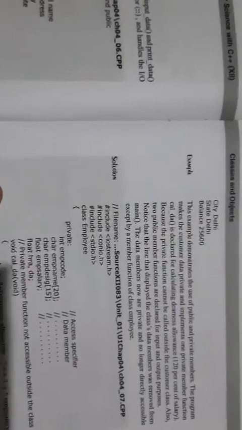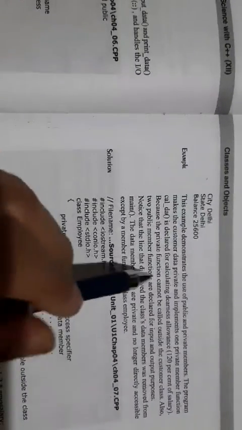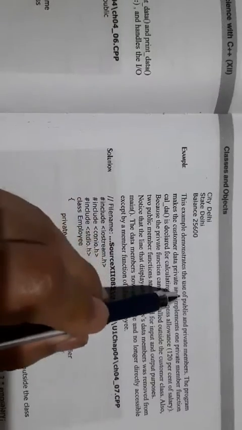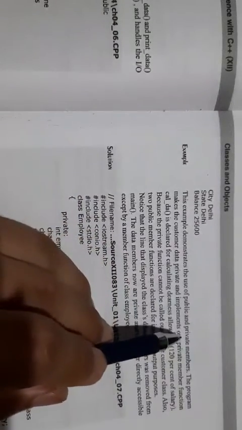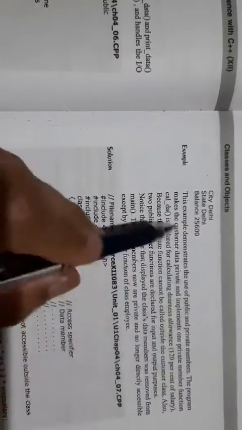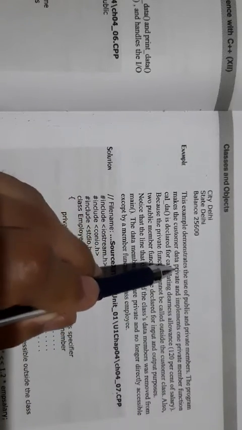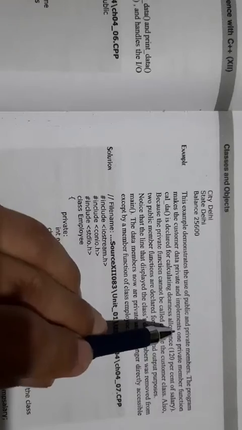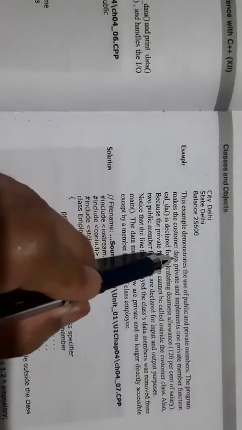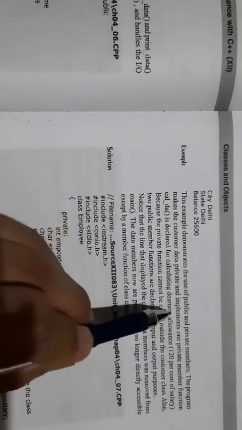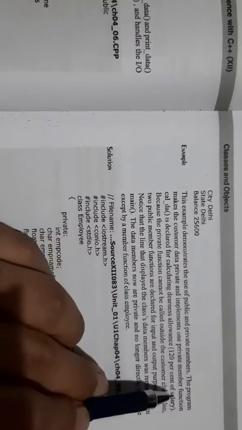So I'll just go through this. This example demonstrates the use of public and private members. The program makes the customer data private and implements one private member function.